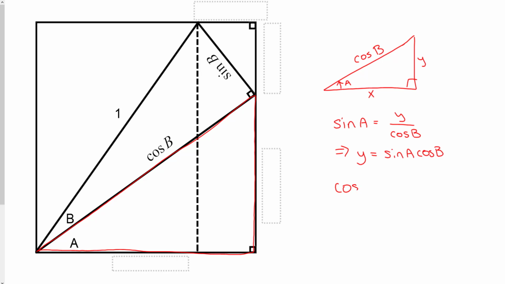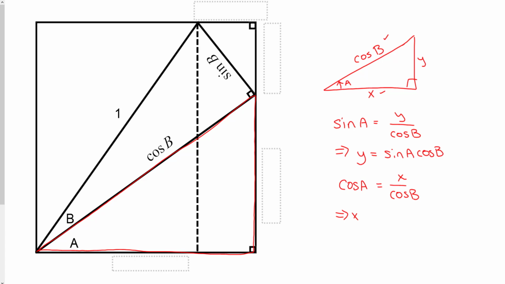And we could say that the cosine of B is x over the cosine of A. Sorry, we're working with angle measure A. So the cosine of angle A is x over cosine B, because it's the adjacent side over the hypotenuse.